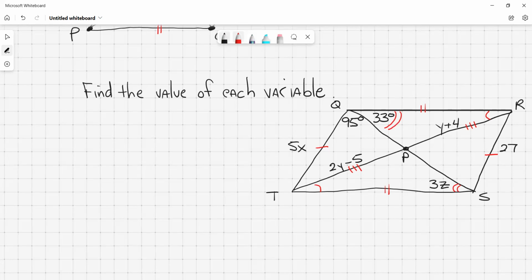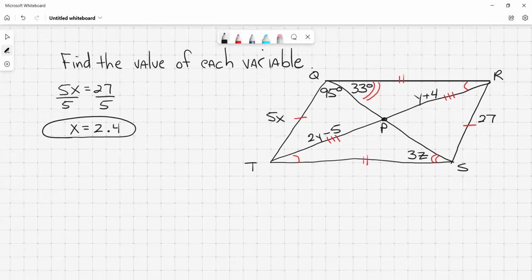All right, so we're going to start off by solving for x. If the left side is equal to the right side, then we got 5x equal to 27. Going to divide both sides by 5, and we get x equal to 2.4. For y, we got 2y minus 5 equal to y plus 4.